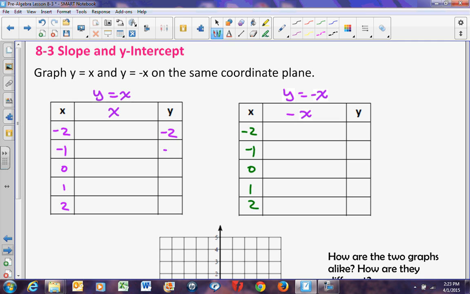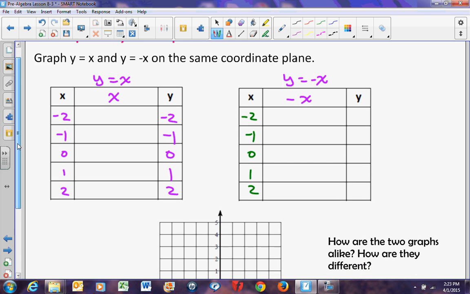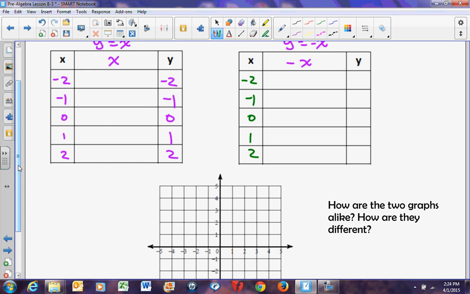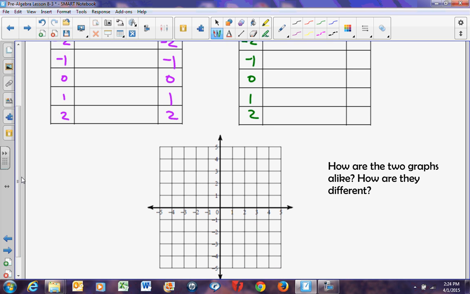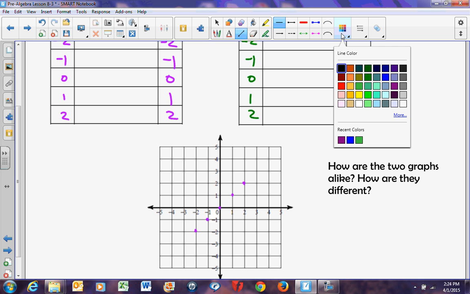If x is negative 1, y is negative 1. If x is 0, y is 0. If x is 1, y is 1. If x is 2, y is 2. I'm going to graph that, y equals x again: negative 2, negative 2, negative 1, negative 1, 0, 0, 1, 1, 2, 2.